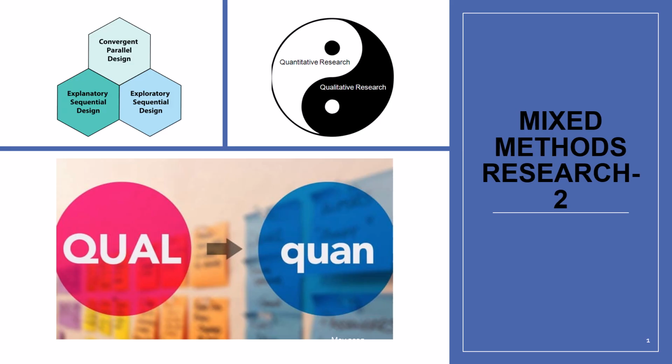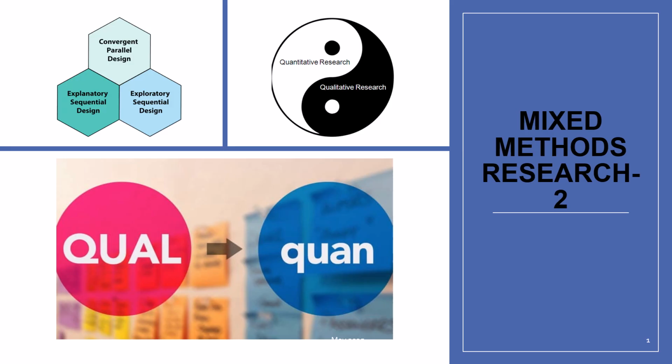We also talked about how to plan your mixed method research, and what questions researchers need to take into account when planning to do it. We also talked about several reasons why to use mixed method research.